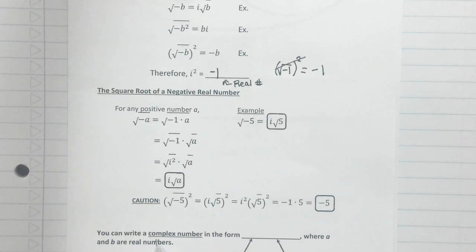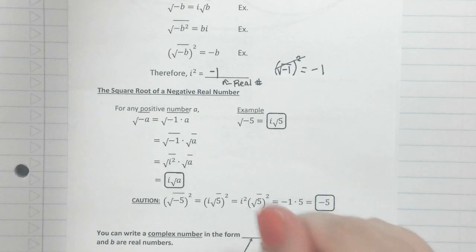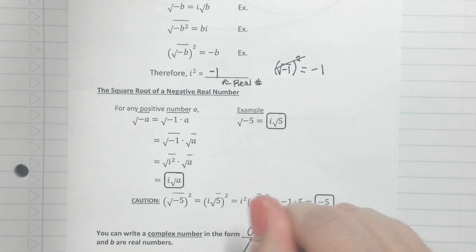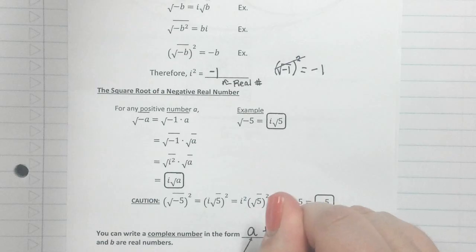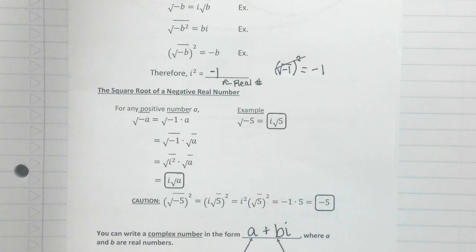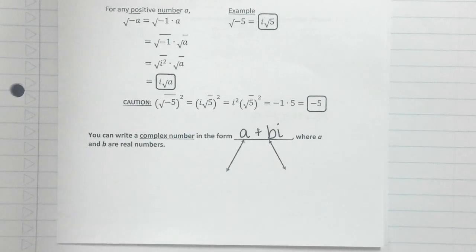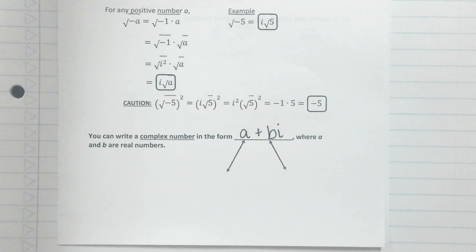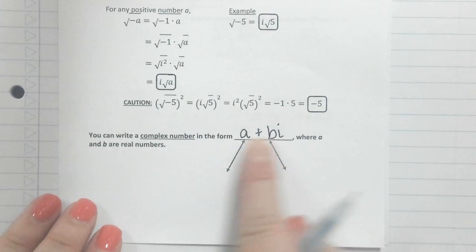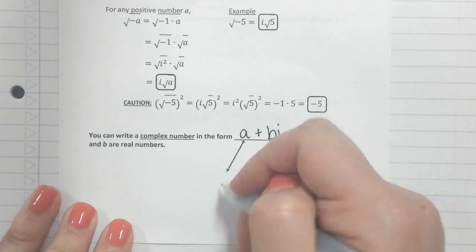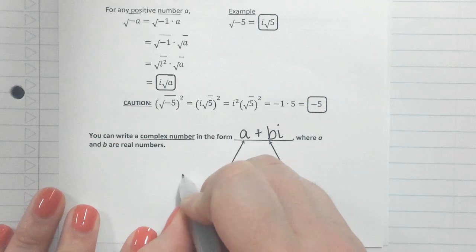So all numbers are actually in their true form a plus bi, okay? All numbers, if we're looking in the complex number system, are in the form a plus bi. That represents one number, okay? The a part is the real component.